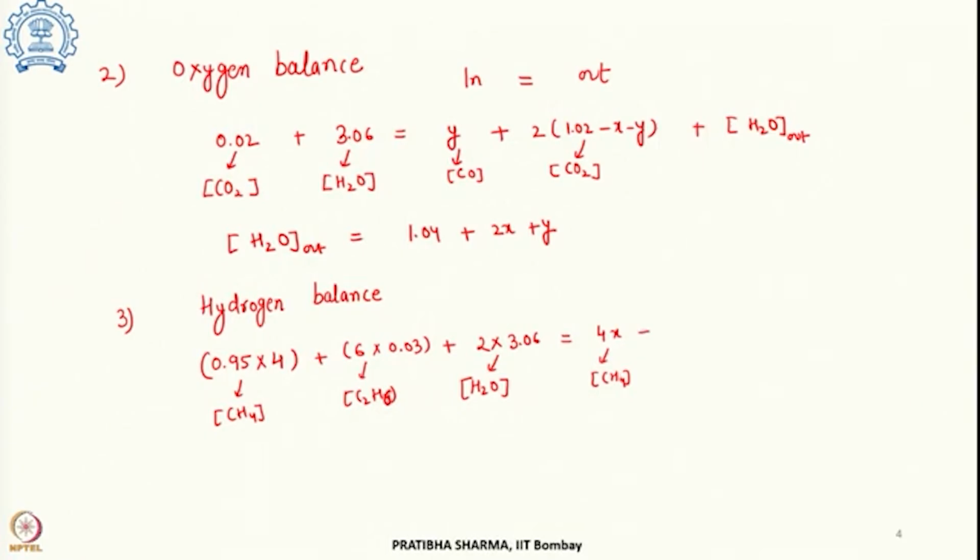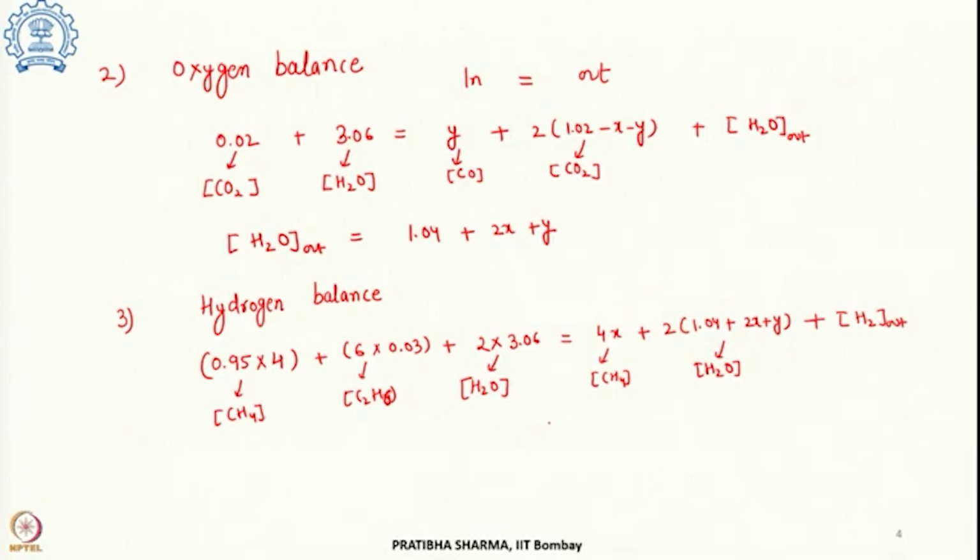methane. So, x amount of unreacted methane, there are 4 hydrogen atoms in the methane. So, 4x plus there is water, 2 times 1.04 plus 2x plus y. Hydrogen is having 2 atoms, and hydrogen we have already found the content of it, 1.04 plus 2x plus y, along with the hydrogen coming out in the reaction.